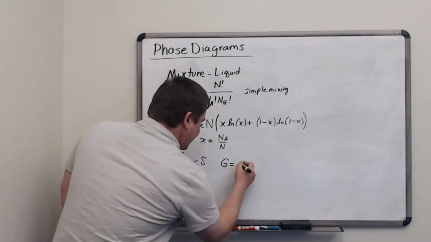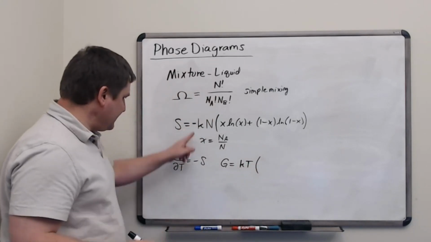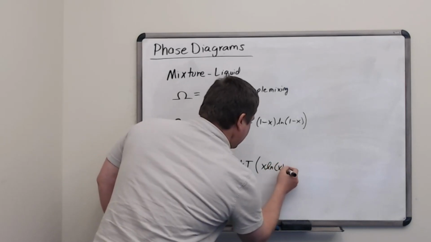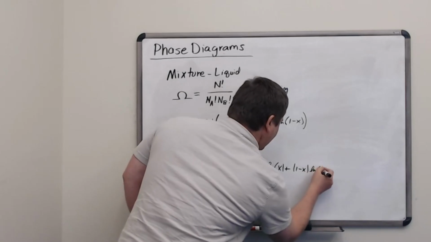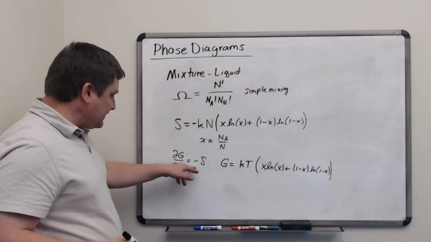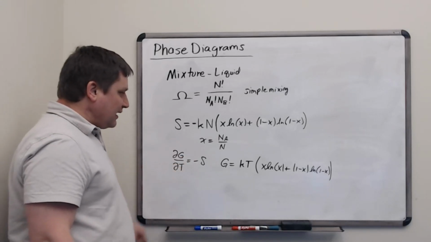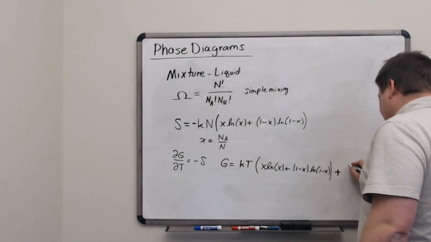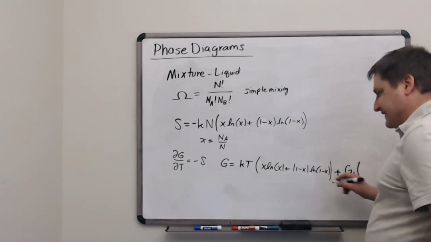So I'll get positive kT, right, because minus and a minus, a positive kT times x log x plus 1 minus x log 1 minus x. And then since this was a differential equation of a partial derivative with respect to T, I am still able to add on any other function of variables besides T, right?